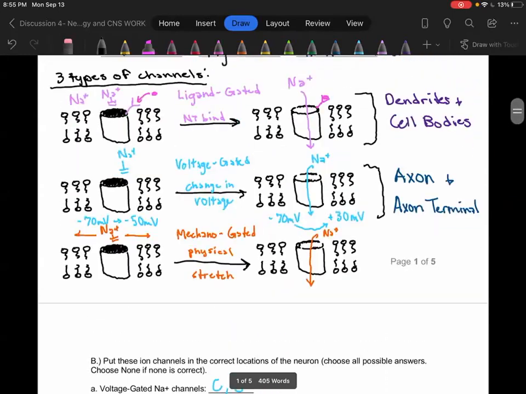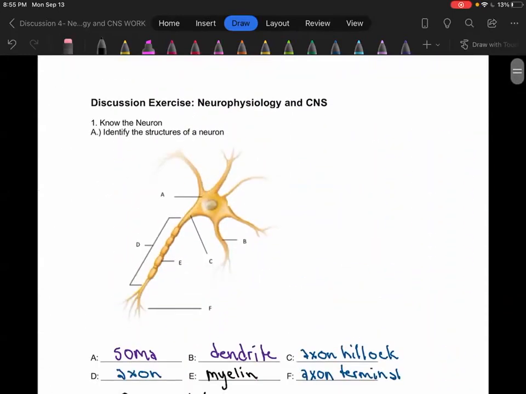So I wanted to go back up here and kind of go over an action potential, what's going on with the neuron during that, the different locations, and these ligand and voltage changes. So let's make up a little example here. Let's say we have like a neuron right here, and leaving the axon terminal are going to be a bunch of neurotransmitters.